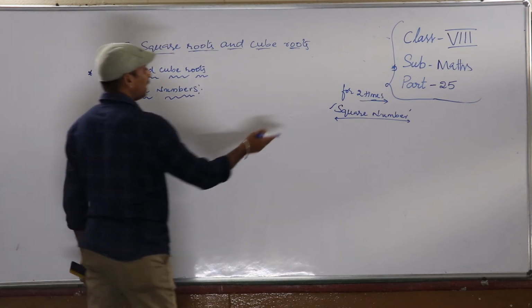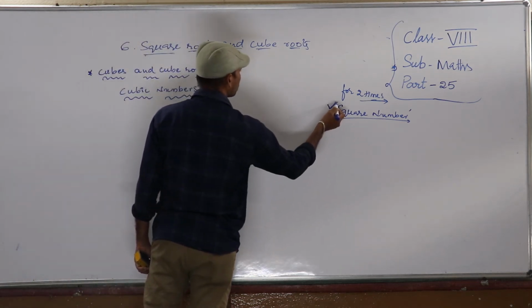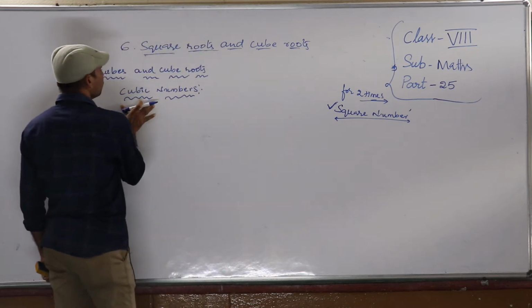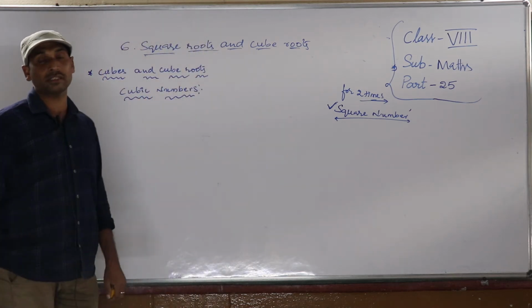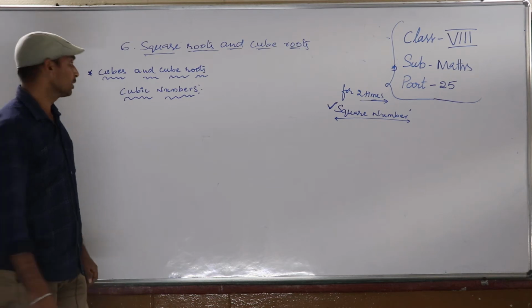So same like here we are talking about squares, here we are talking about cubic numbers, means 3 times.